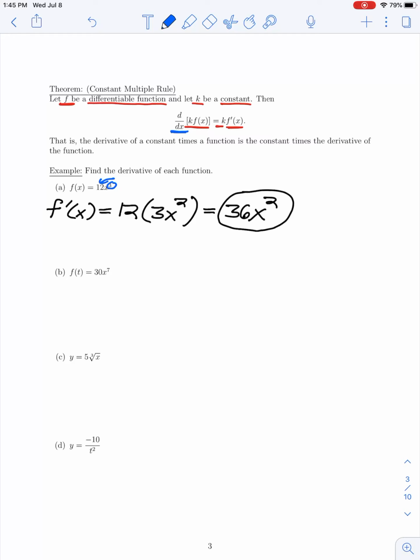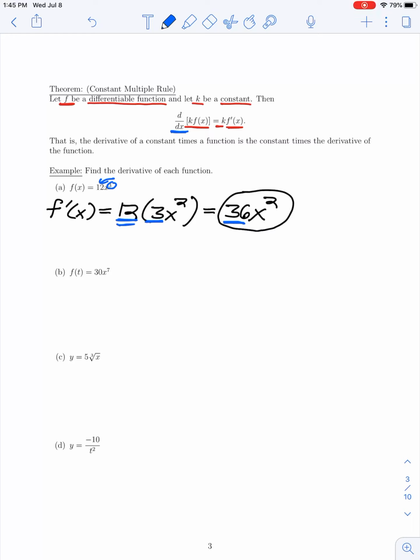So from here on out, whenever we bring the power of x out in front of our function by using the power rule, we're going to immediately multiply by whatever constant appeared in front of that function. So rather than writing it as 12 times 3x squared, whenever I pull down that 3, I'll immediately say, well, 3 times 12 gives me my 36, and then decreasing the power of x by 1, we have x squared.